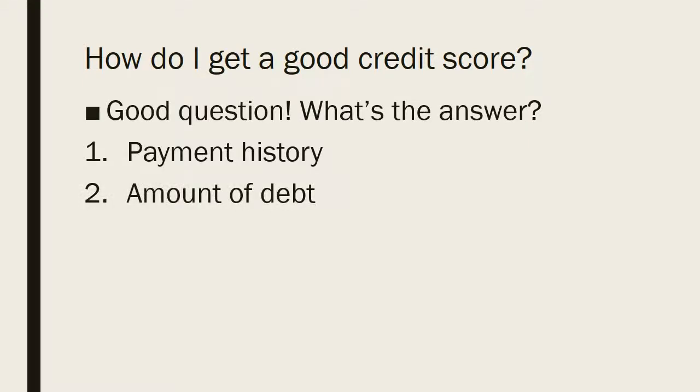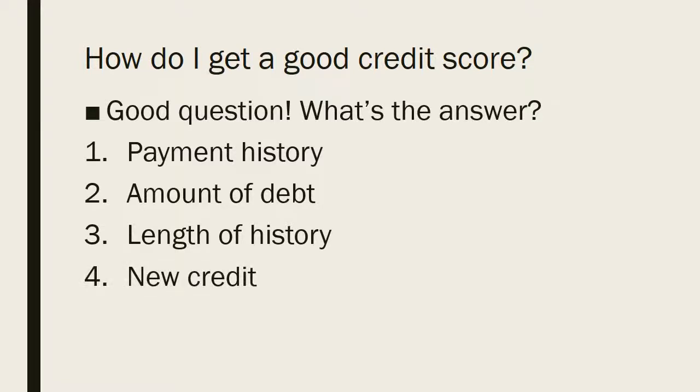There's the amount of debt that you're carrying. There is the length of your history. So how long have you had, say, your credit cards, your auto loan, mortgage, whatever it happens to be? 4 is new credit. How much new credit has hit your account recently?